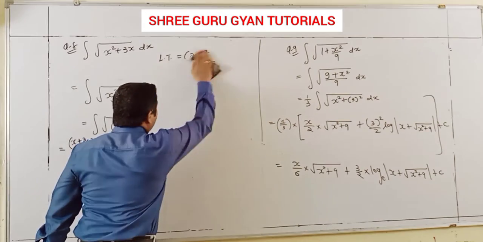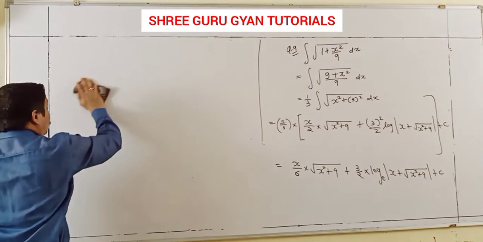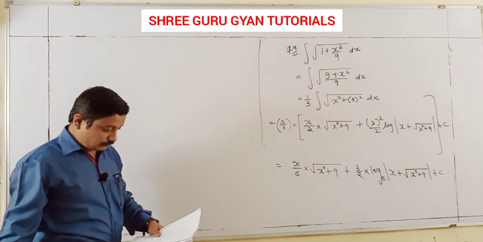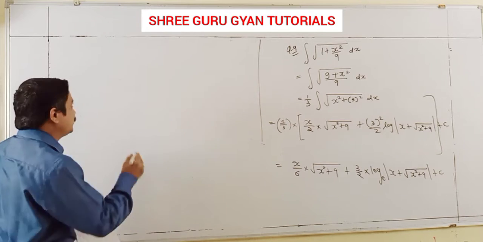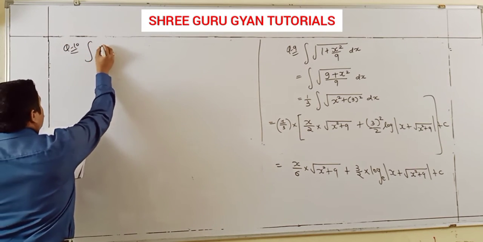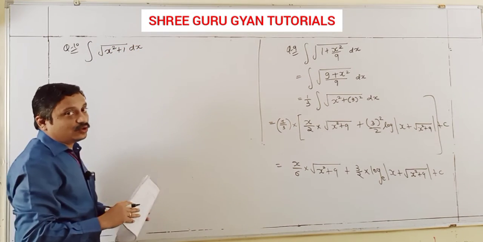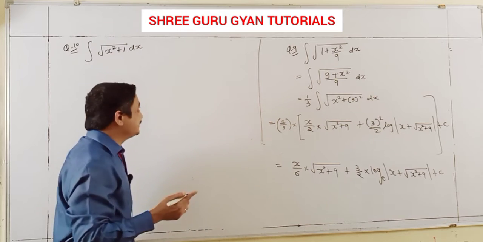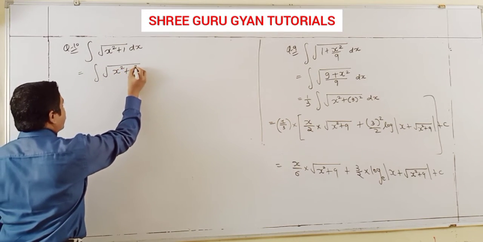question 10. Yes, question 10 and 11, students, two little MCQs are coming. Question number 10: under root x square plus 1 dx. So here you operate your first property, x square plus 1 square.